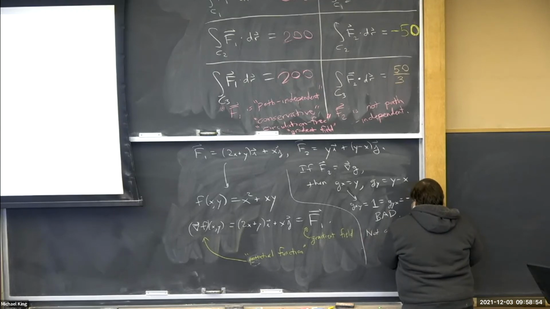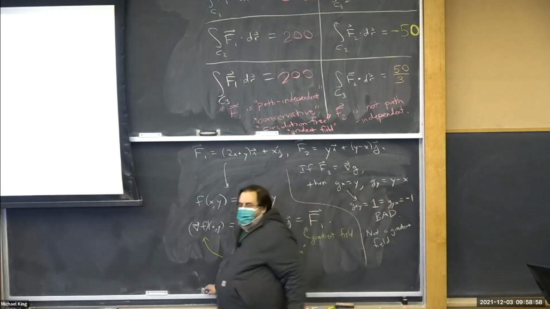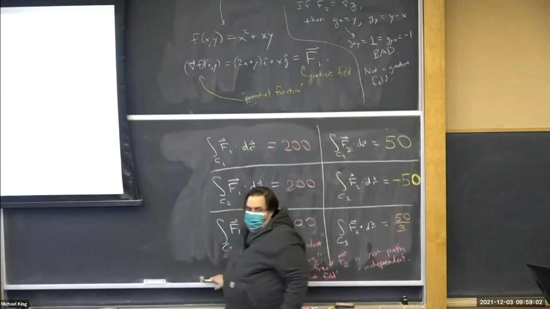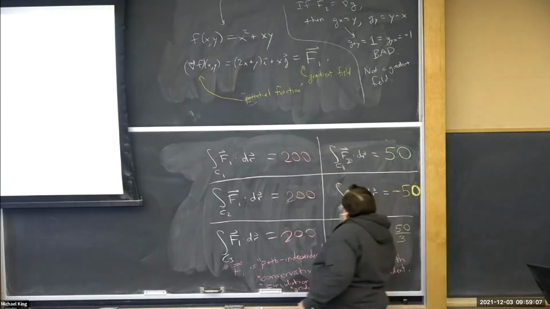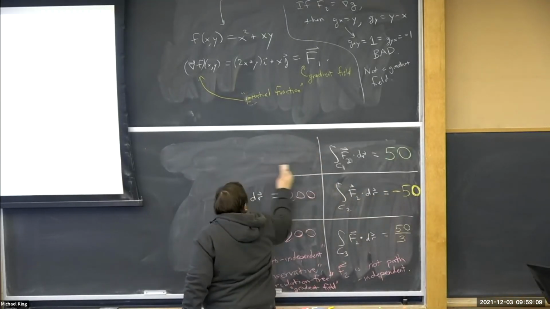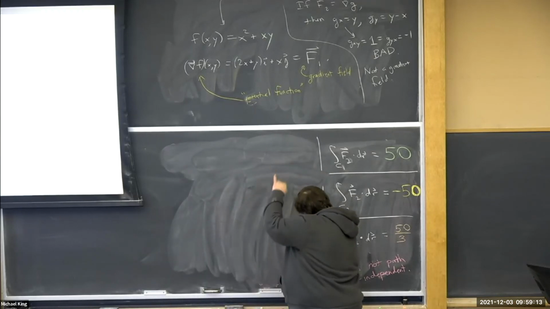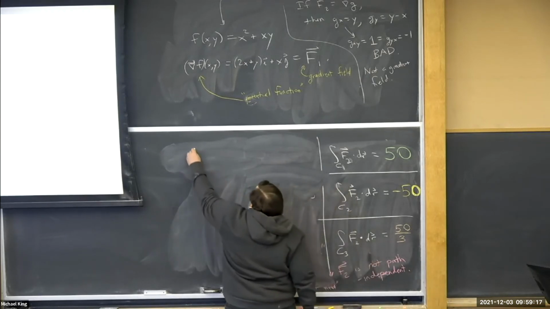Okay, but just the last thing I want to do before we run out of time, because I think this is kind of cool. I said we can think of F1, the vector field, as a derivative.